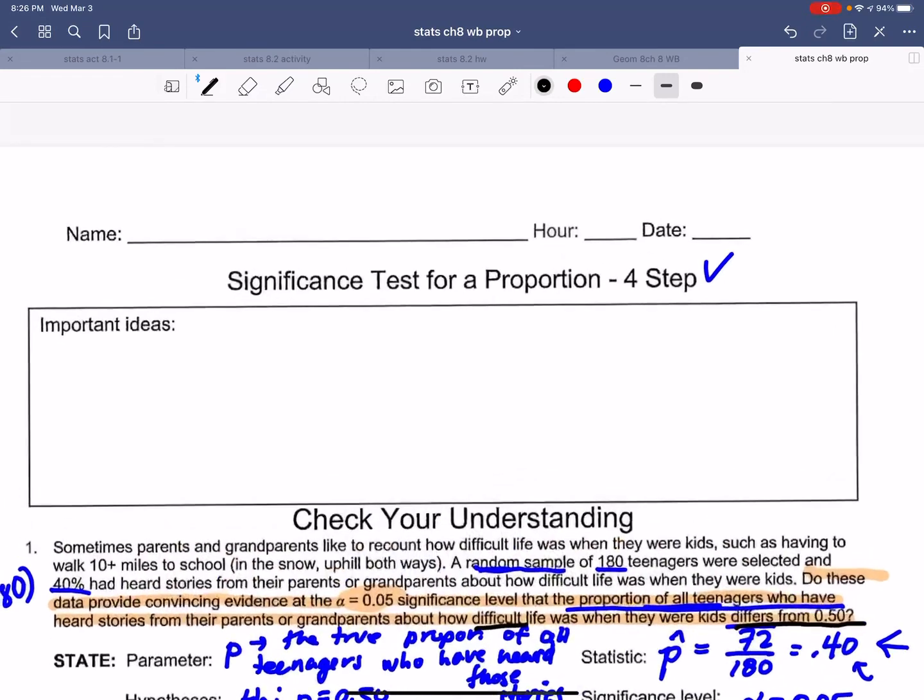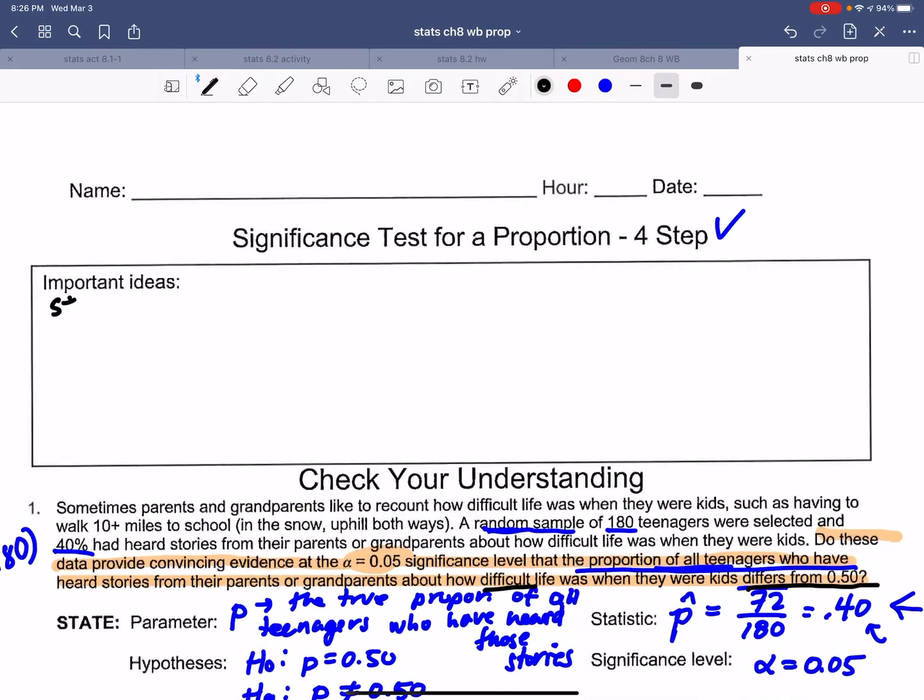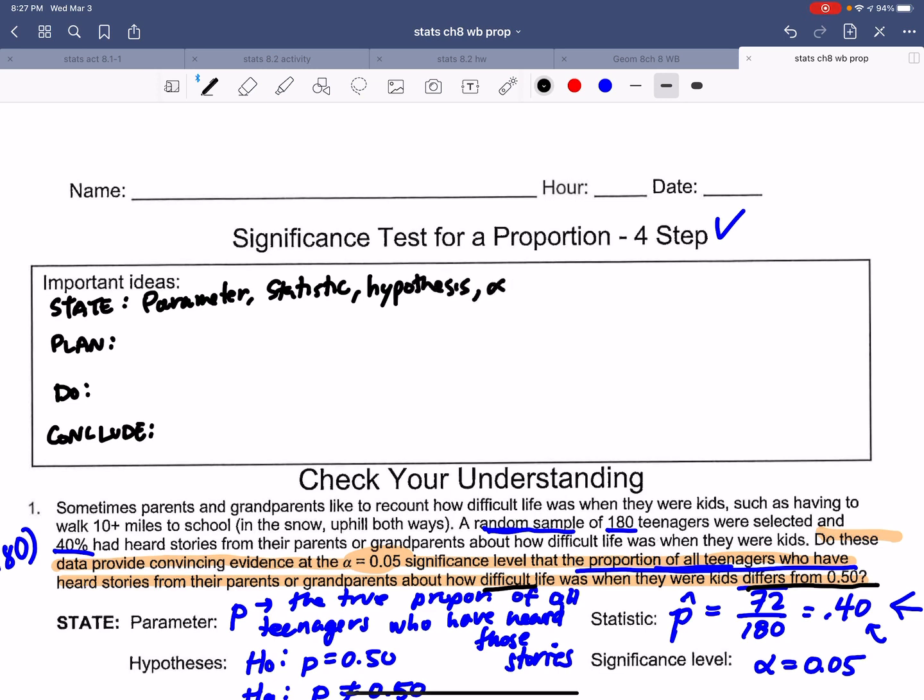Okay, so let's think of some important ideas here. Again, you saw us do a state, a plan, a do, and a conclude. So let's go through these steps. In our state, we want to list our parameter, our statistic, our hypothesis, and our alpha.